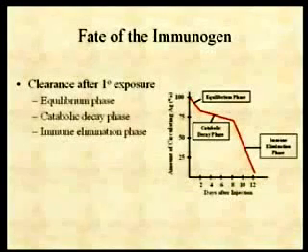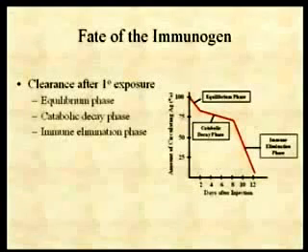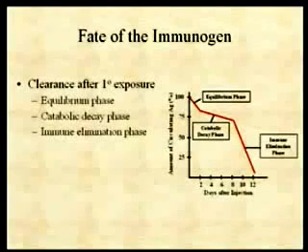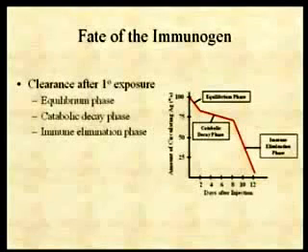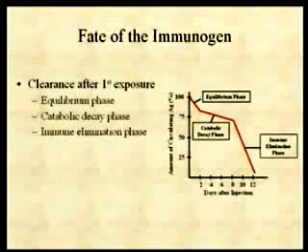That is the immune elimination phase. All this time between time 0 and about 1 week, the immune system has become primed, and now antibodies are going to be made. As soon as the antibodies are made, they complex with that antigen, and now you have immune complexes which can be very rapidly cleared from the system by the phagocytic cells.